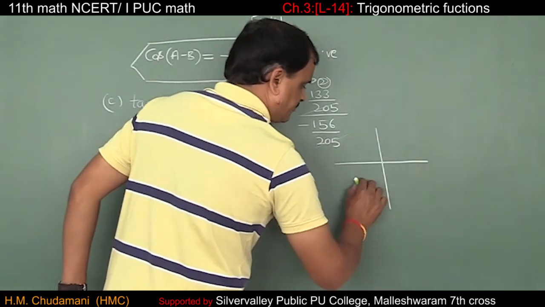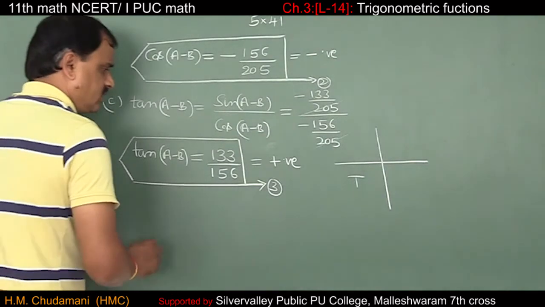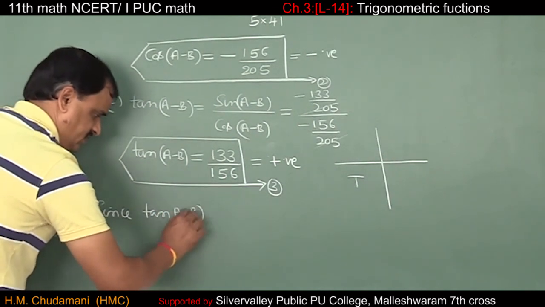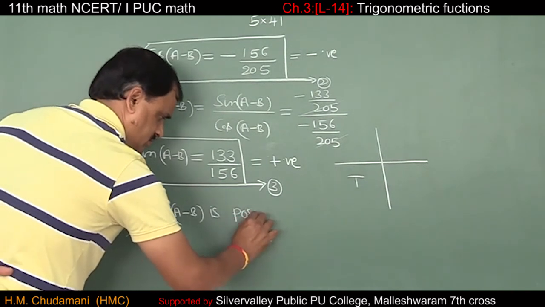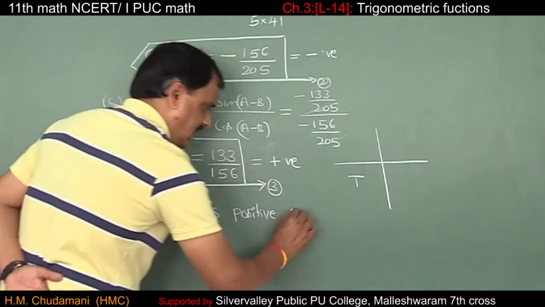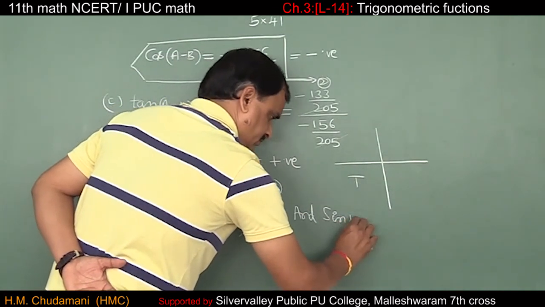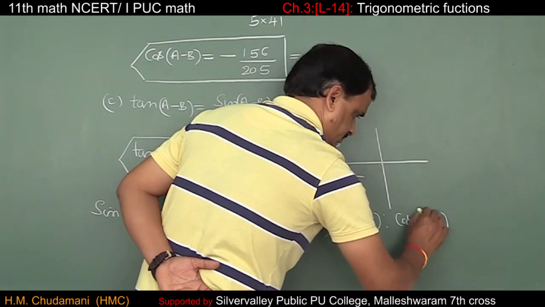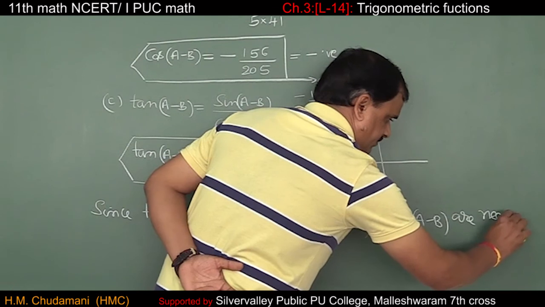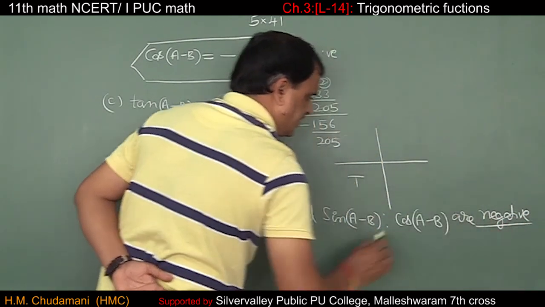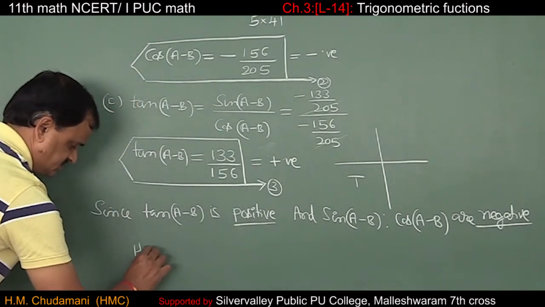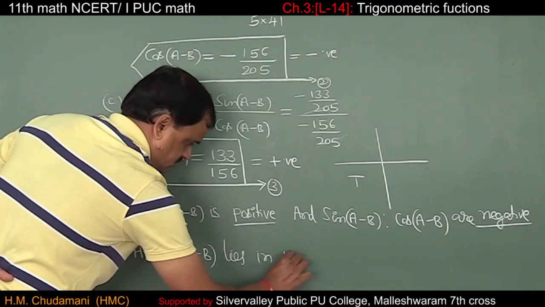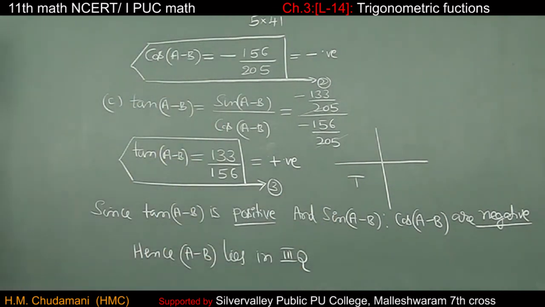Since tan of A minus B is positive, and sine of A minus B and cos of A minus B are negative, hence the angle A minus B lies in the third quadrant.